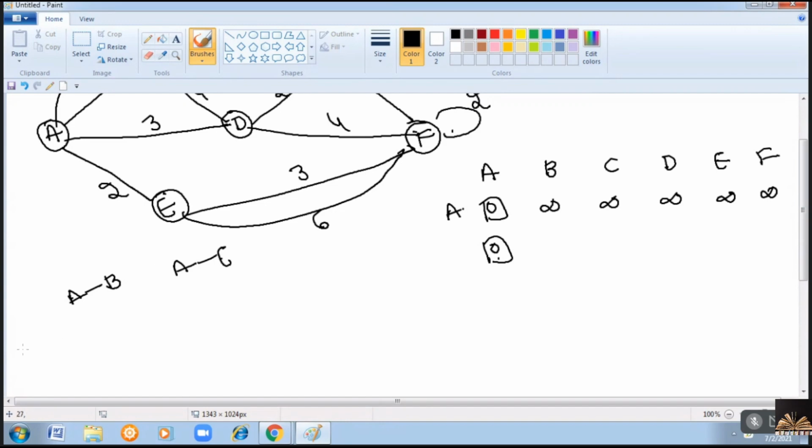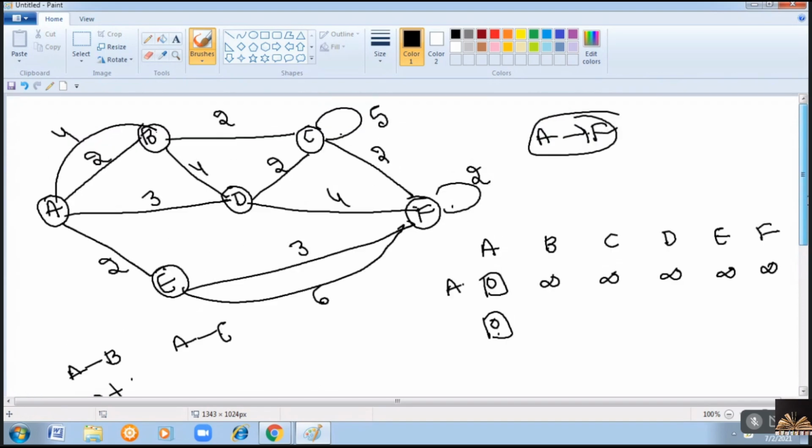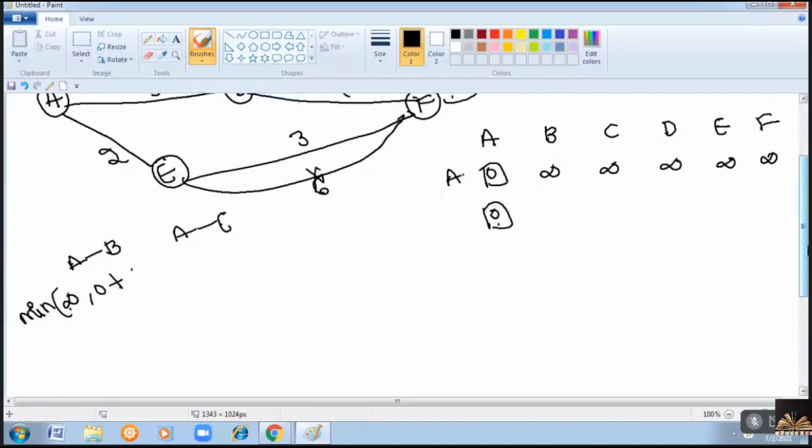For A to B, the minimum of the destination value of B, which is infinity, and the marked value 0 plus the A to B distance, which is 2. Before that, you have to remove parallel edges and loops. So the minimum A to B distance is 2, so this will be 2.